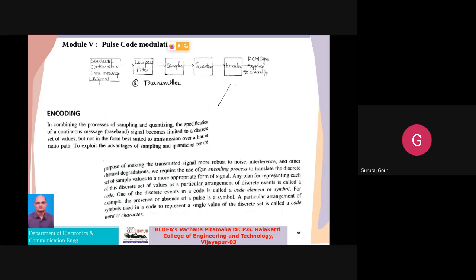This is very important. Even though we came to know that after the output of the quantizer, a set of discrete levels is not suitable to be transmitted over one common transmission path, of course we can do the coding, but why only coding? Why that too only binary coding?